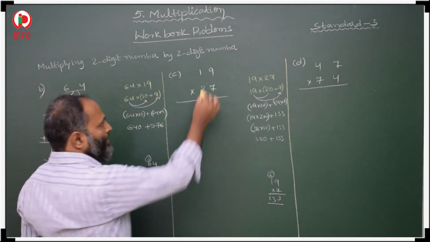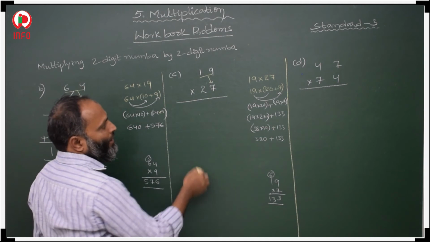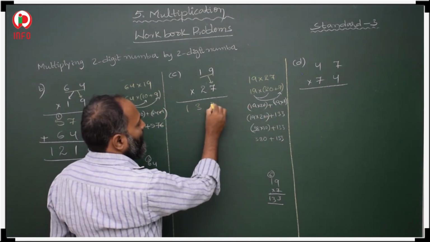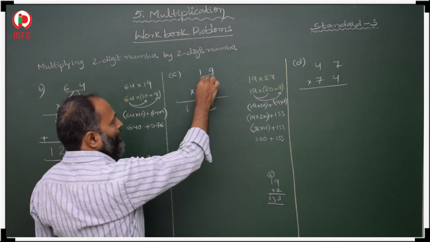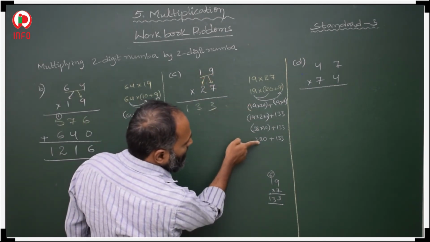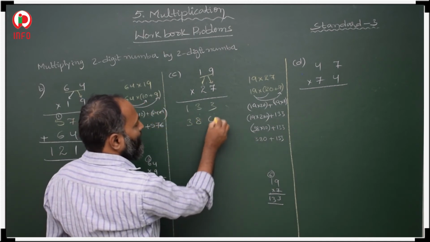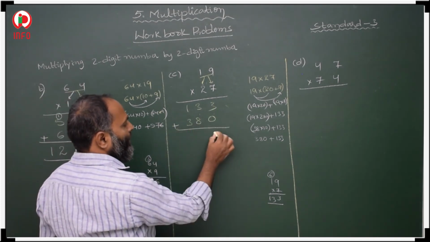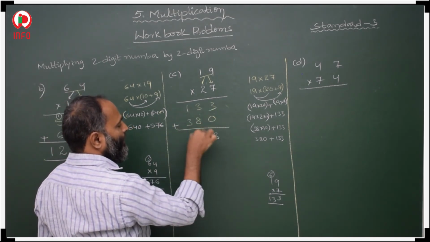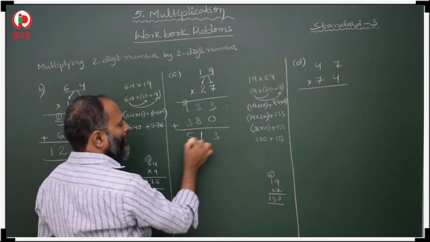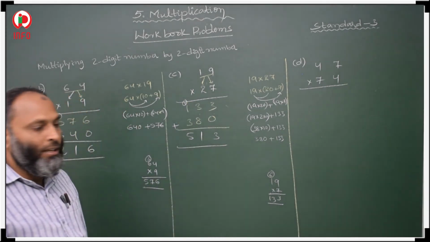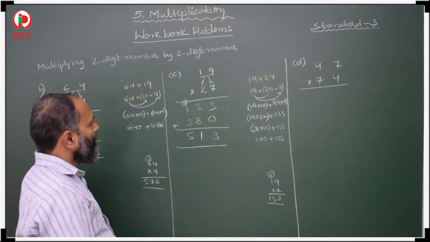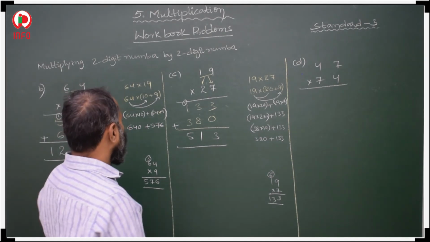First 19 sevens are 133. 19 20s are 380. Now add: 3, 8, 9, 10, 11 and 1, 5. So 513. What is this?